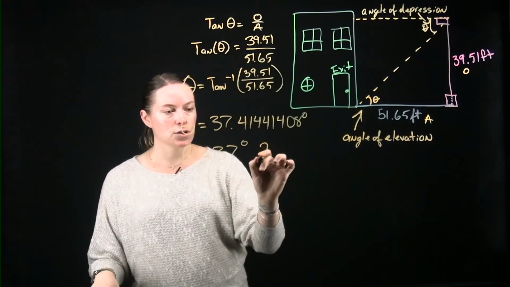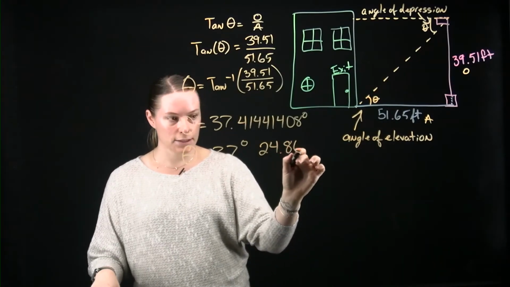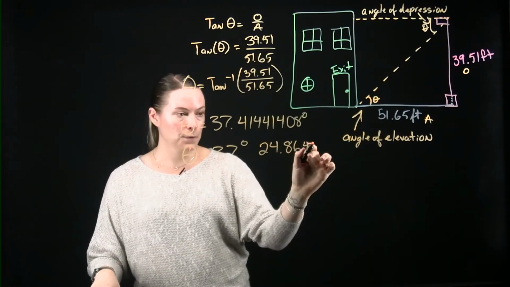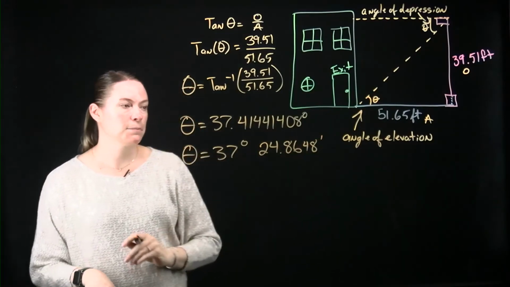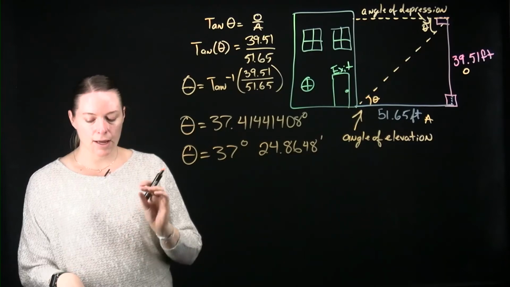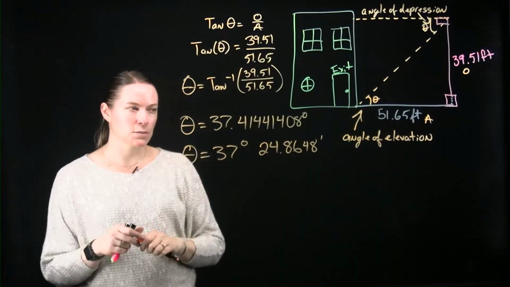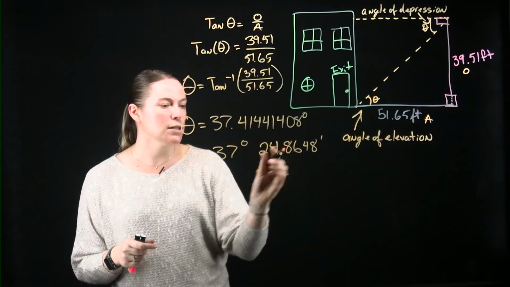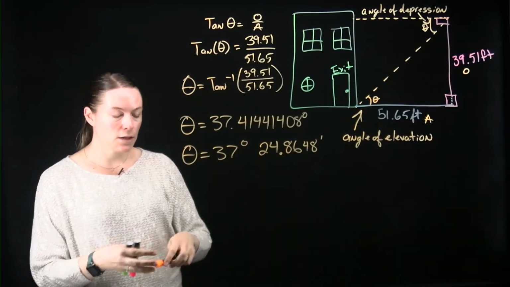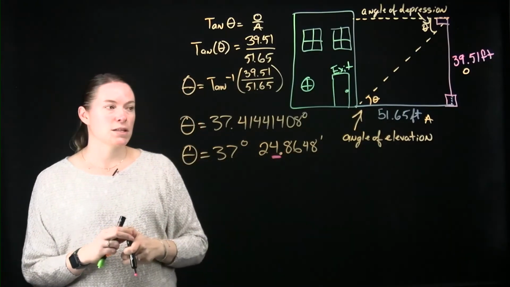Once you've done that, you should end up with 24.8648 minutes. Now the prompt asked for us to go to the nearest minute. Right now I'm not at the nearest minute. I have a little extra decimal action happening here. So what I need to do is round to the nearest minute. In other words, I'm going to need to round to this decimal place.